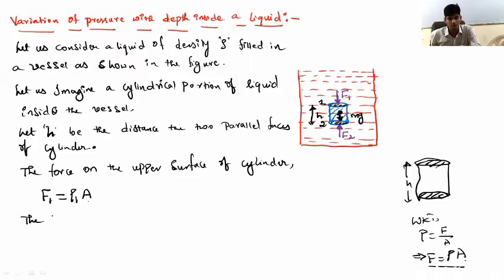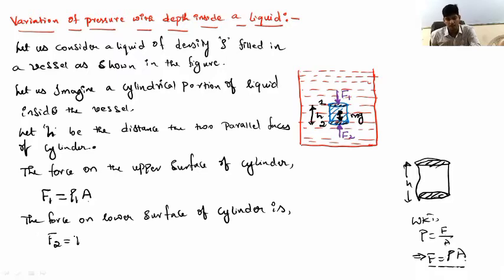Similarly, the force on the lower surface of the cylinder is F2, and we can write F2 as P2 into A. What is P2?